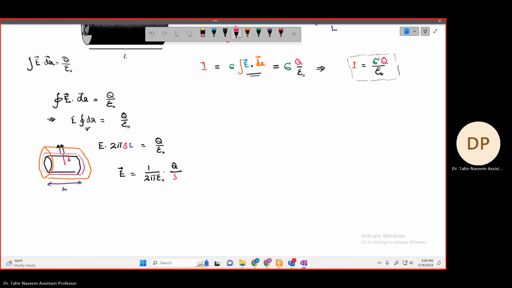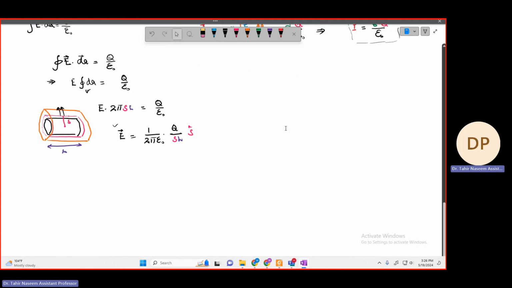So S, and then the length, and the direction is in the S vector direction, the E field will be in the radial direction. Okay, but our task was, remember, to find this Q. So we have to find Q. And we basically want to find Q in the form of V. Right now Q came in the form of E. So we do one more step to find Q in the form of V, and then we will put it there.